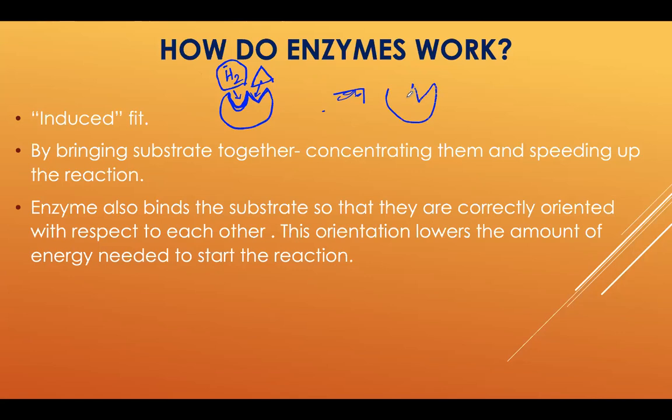So what the body does, the body sends the indication that we have to have this chemical reaction. So the enzyme moves a little bit, and it allows the substrates or reactants to sit over here.